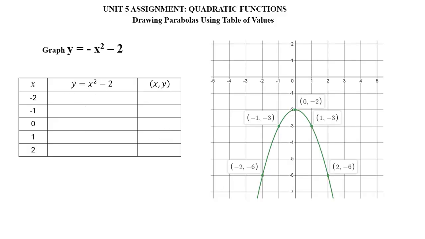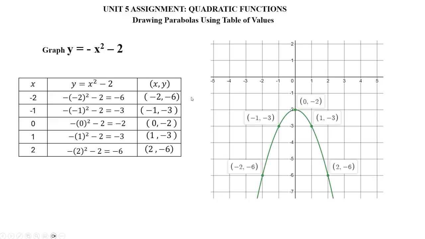Our next equation is y equals negative x squared minus 2. There is a negative sign in front of the x squared coefficient, so we're expecting it to face downwards, which it does. Once we substitute in our x values, we get the corresponding y values.